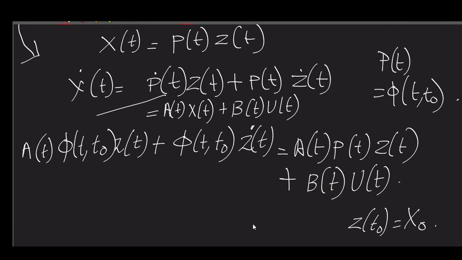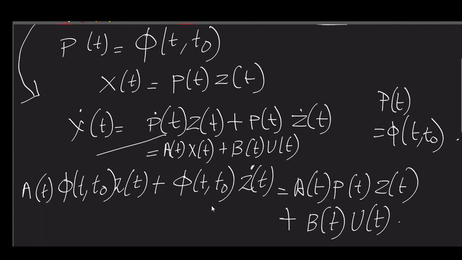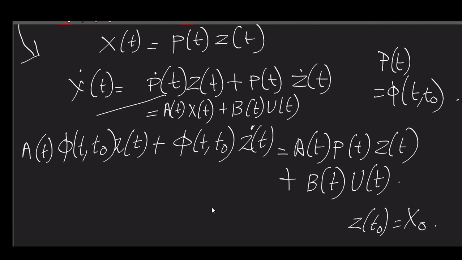So now you will have z dot t is equal to, now see the substitution we have taken, that yields cancellation.